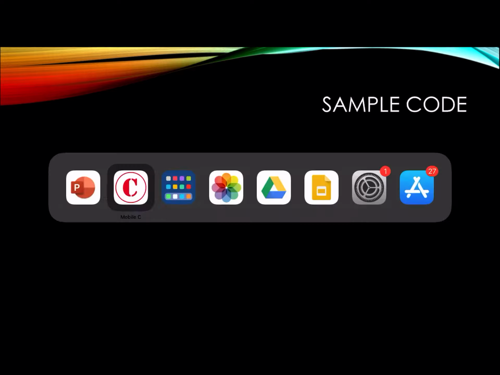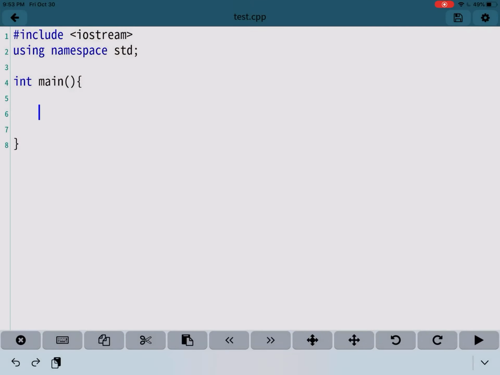Let me show you a sample code of implementing a pointer. I'm using an iPad, and I found a great app if you are using an iPad or an iPhone. This is Mobile C, and you can download this for free in the App Store.